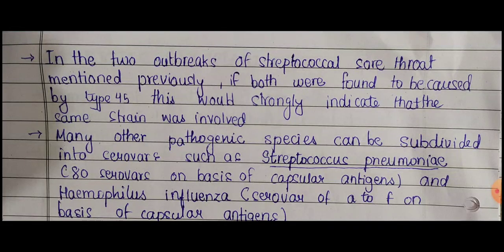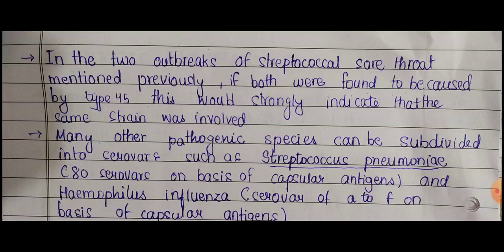Another example, as we mentioned earlier, is streptococcal sore throat: if both cases were found to be caused by type 45, that indicates that the same strain is responsible for the disease occurring in different areas of the city. The last two examples are Streptococcus pneumoniae.